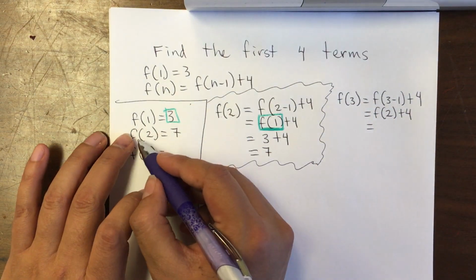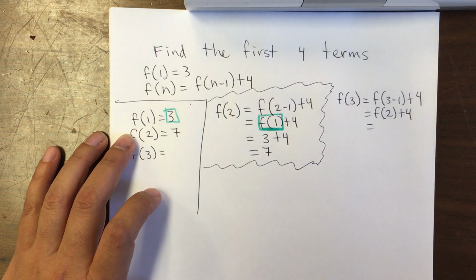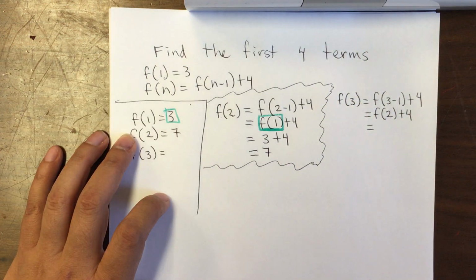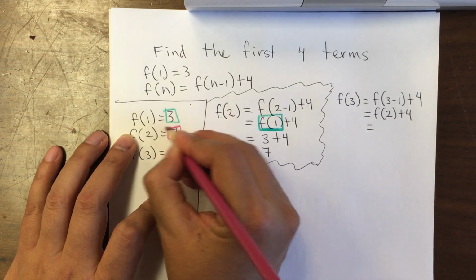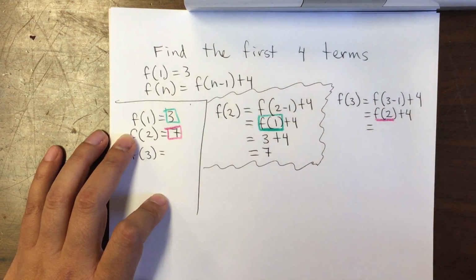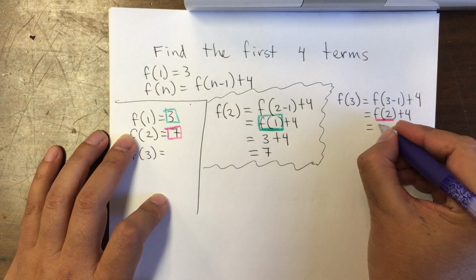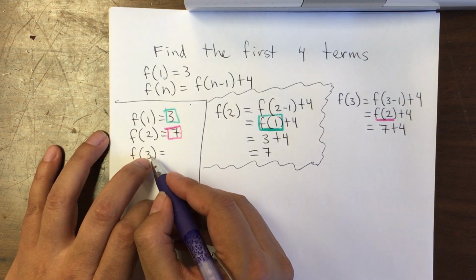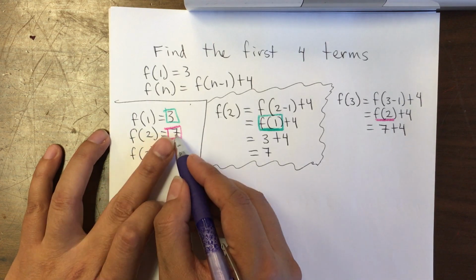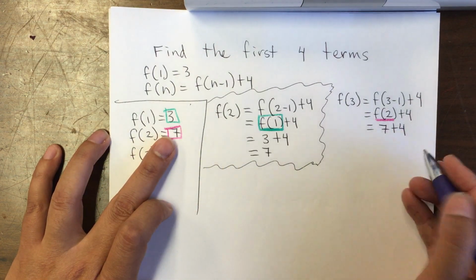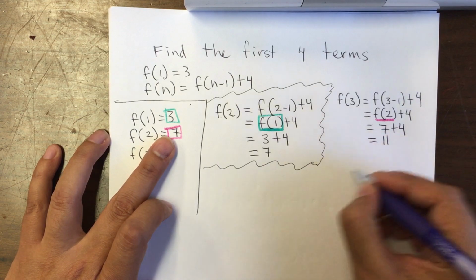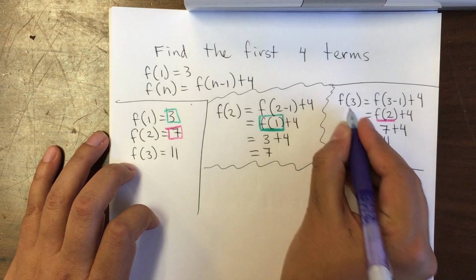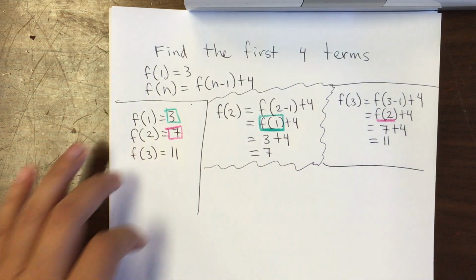It means go to the function of 2 to see its value and replace it in here. So f of 2 is 7, so instead it's going to be 7 plus 4. Basically, to find f of 3, it says look at the previous one and add 4 more. So that equals 11. My f of 3 is equal to 11.